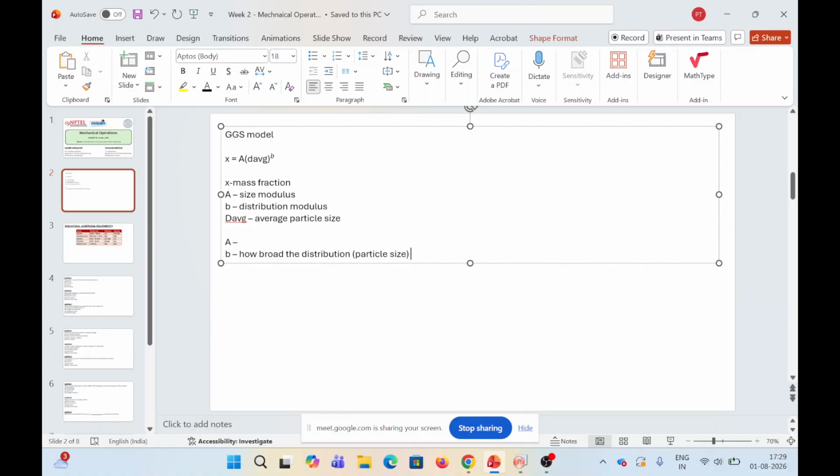So size modulus basically represents how coarse the size distribution is going to be. Oh, sorry. How coarse the size distribution is.